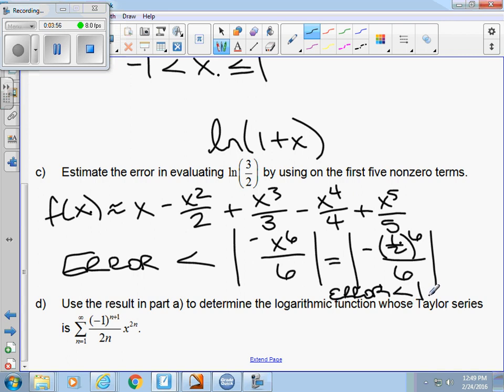Negative 0.002604. Okay. So you could leave it as a decimal or as a fraction, either way. Decimals are fine.